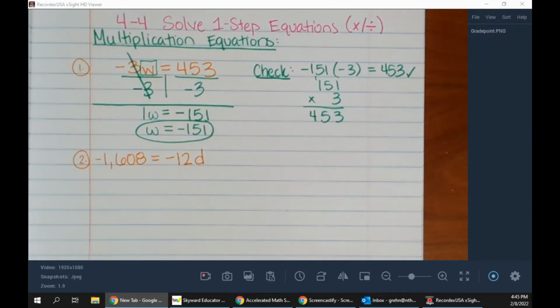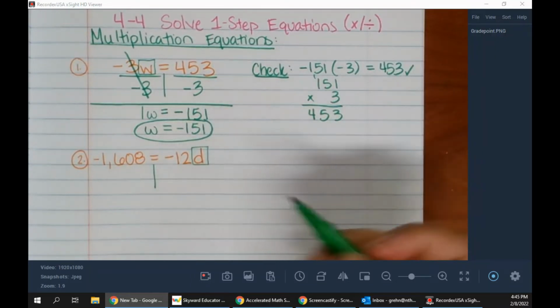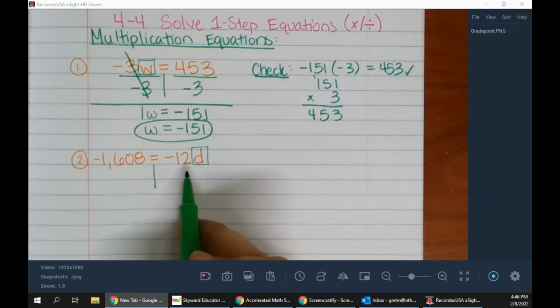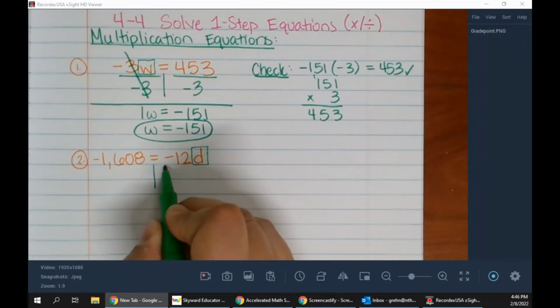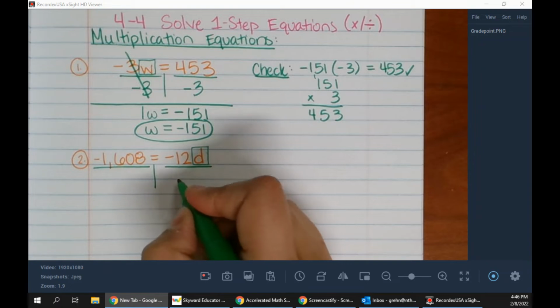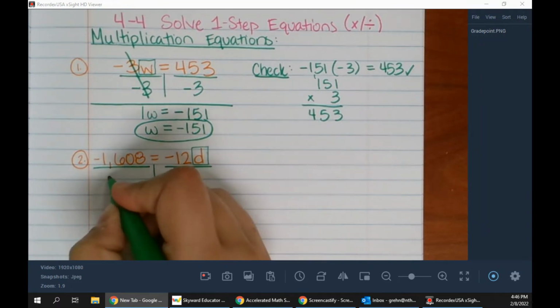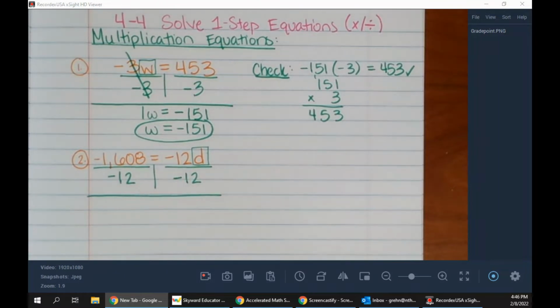Okay, so my goal is to isolate the variable, so I'm going to box that in, draw my line. I see that originally the variable was multiplied by negative 12, so to undo that, or to isolate the variable, I need to do the opposite. So I need to divide by that same number, negative 12. And whatever I do to one side, I have to do to the other.